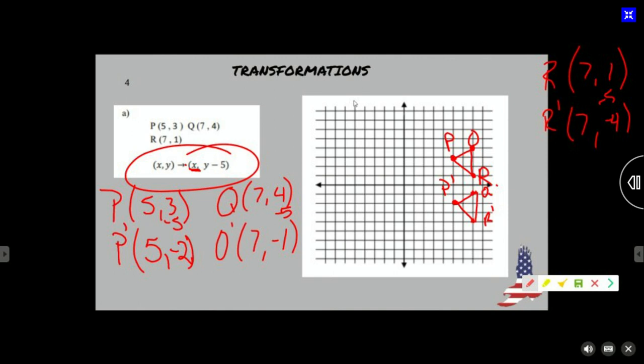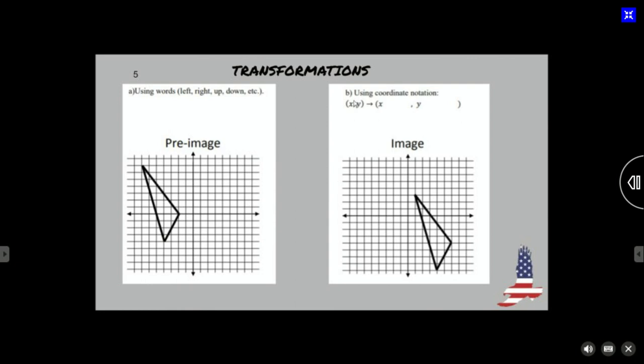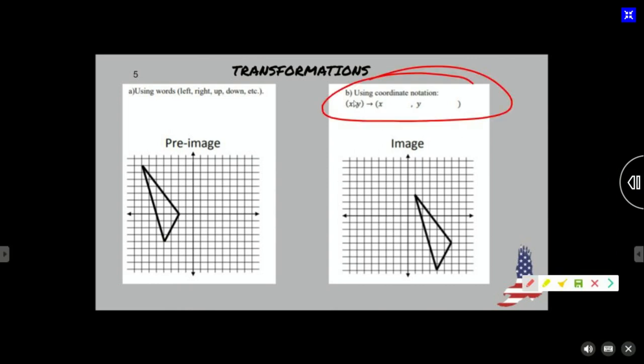All right, let's flip our paper over and go to problem 5. Here we've got to write that rule. When I'm looking at how to write the rule, I am writing this coordinate, right?